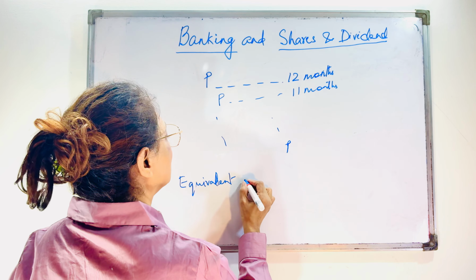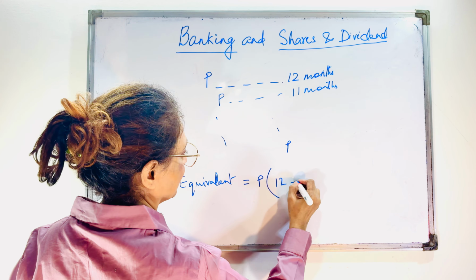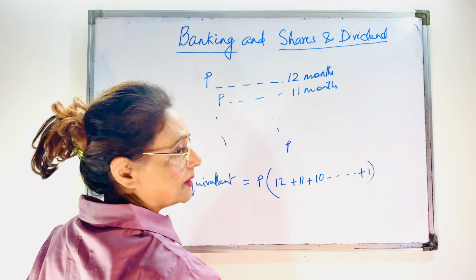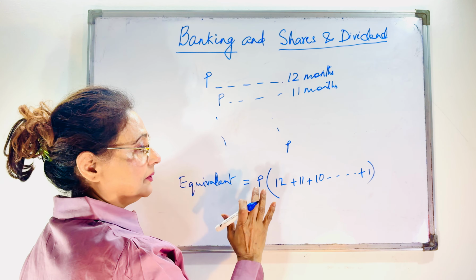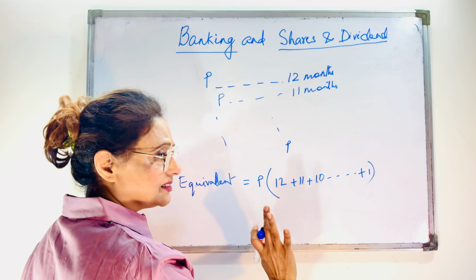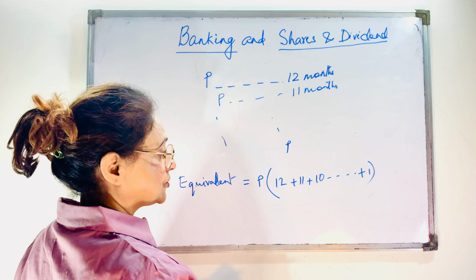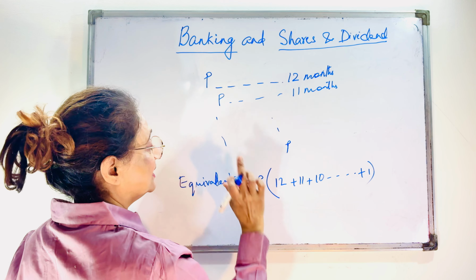So just add them all: P times 12 months, next for 11, then 10 and so on, and the last is for 1 month with the bank. So the bank will give me interest on this P for 12 months, on this P for 11 months and so on.